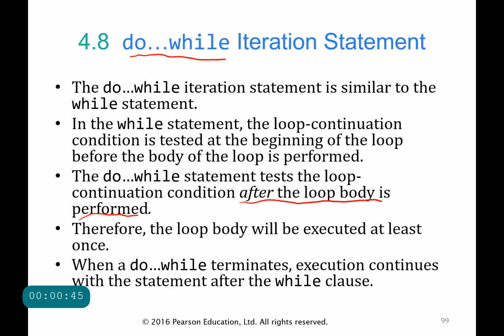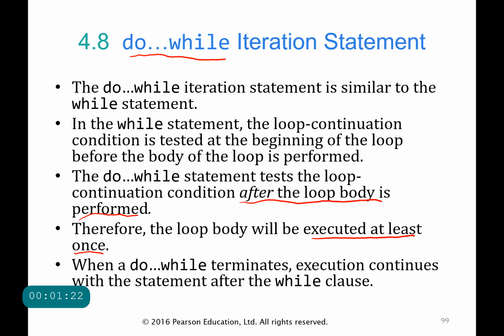So with a do while loop, because the check follows the body or comes after the body of the loop, what that generally means is that your loop body will be executed at least one time. Now this is very different from a while loop or even a for loop, in the sense that the condition is checked first, and if the condition is true, only then do you enter the body of the loop.